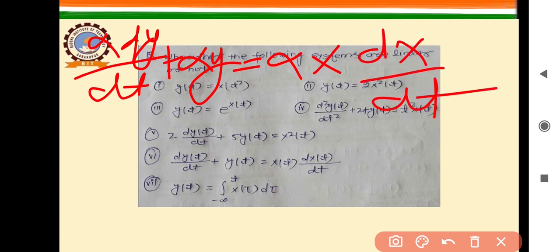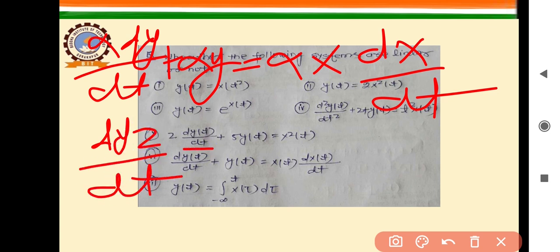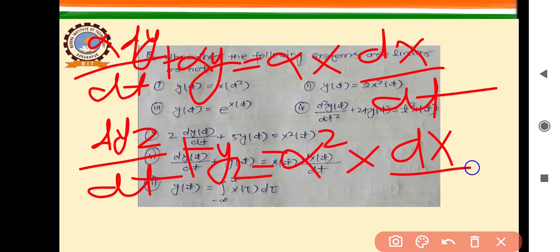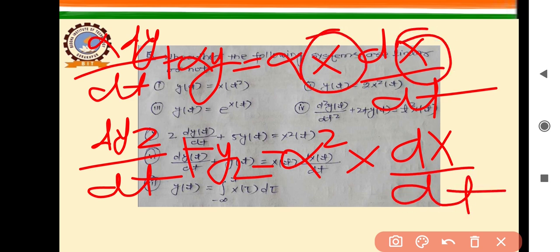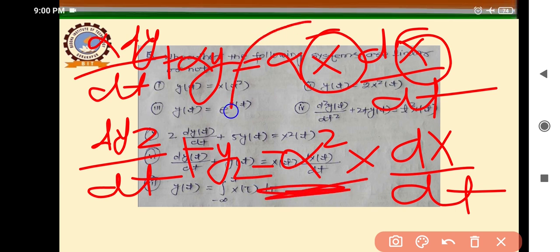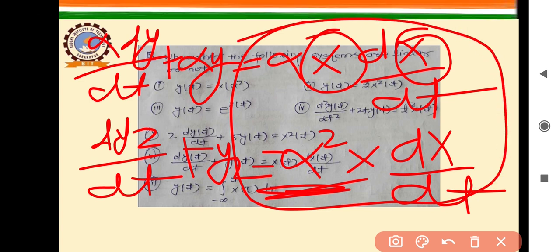But when we replace x by alpha into x, we will get dy2 by dt plus y2 is equal to alpha square into x into dx by dt, because both the x's will be replaced by alpha. It will produce alpha square. It means that the given system does not follow the law of homogeneity. That's why the given system is a non-linear system.